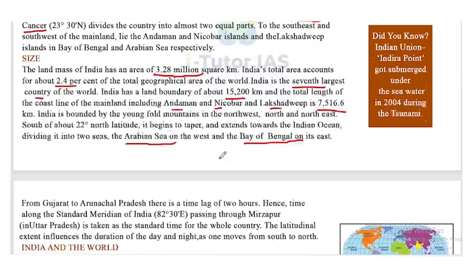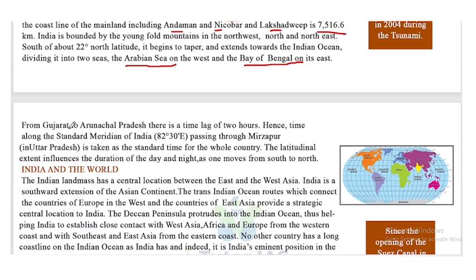Now, from Gujarat to Arunachal Pradesh, there is a time lag of 2 hours. Gujarat is in the west and Arunachal Pradesh in the east. So from west to east, there is a time lag of 2 hours.